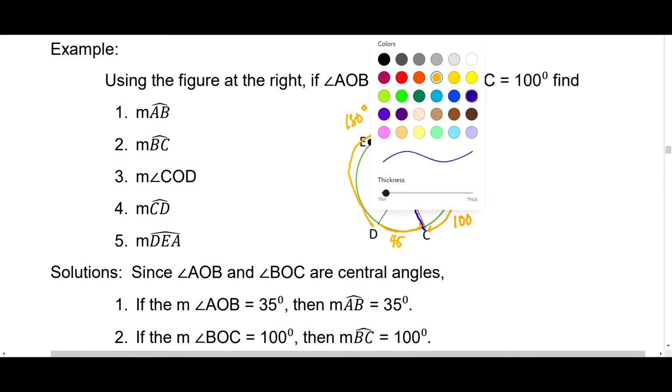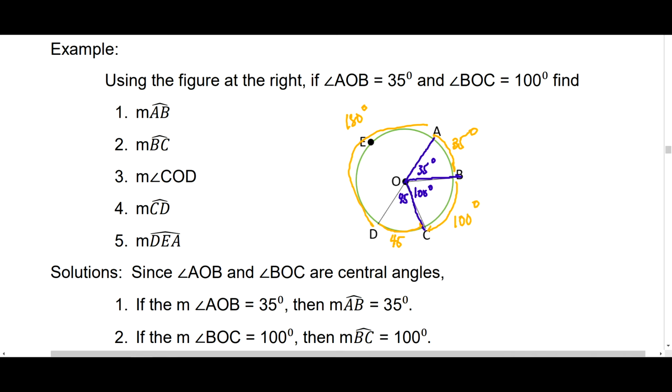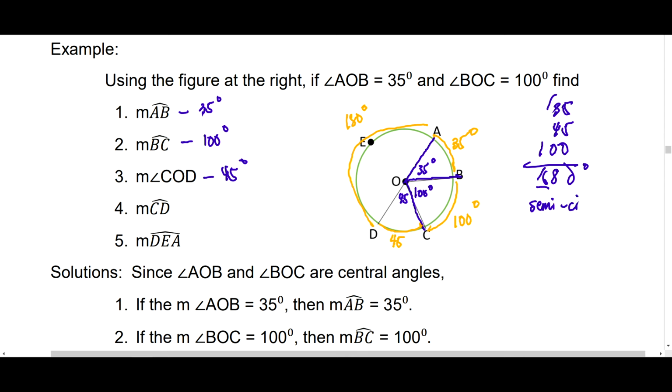So, sagutan natin yung mga hinihingi. What's the measure of arc AB? That's 35 kasi the central angle is 35. What is arc BC? That's also 100. What is the measure of angle COD? That is 45, kasi nga through angle addition postulate. If we add 35, 45, and 100, we'll get 180, which is a semicircle.